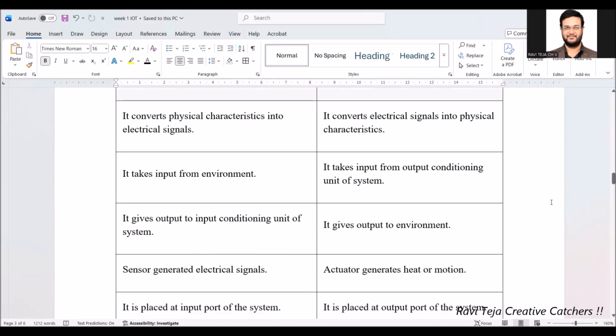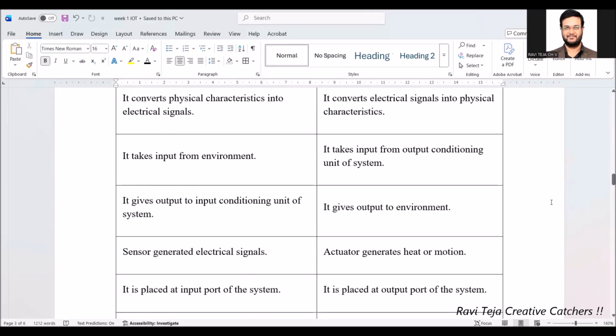The sensor gives output to the input conditioning unit of the system, whereas the actuator gives output to the environment. The sensor generates electrical signals, and the actuator generates heat or motion in the form of some action.